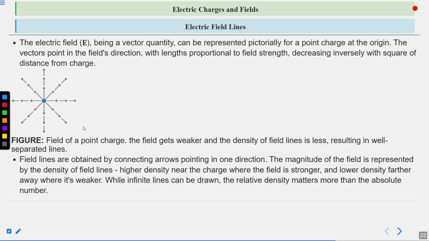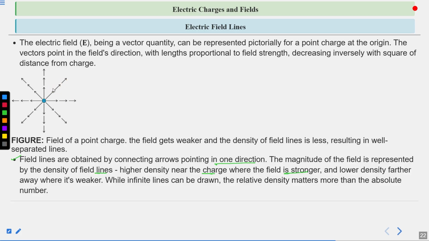So, if the charge is negative, field lines go radially inward. Field lines are obtained by connecting arrows pointing in one direction, like this. The magnitude of the field is represented by the density of the field lines. High density near the charge where the field is stronger.